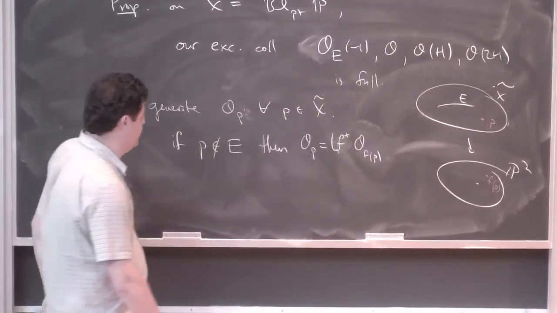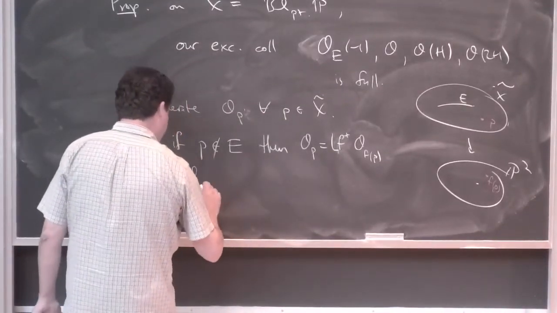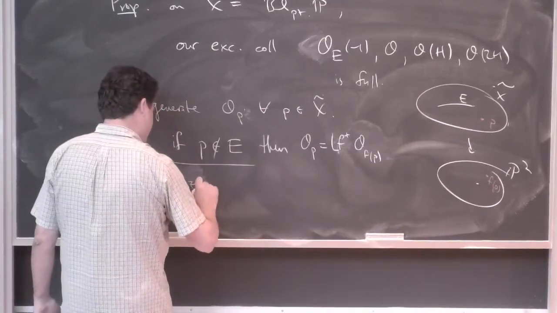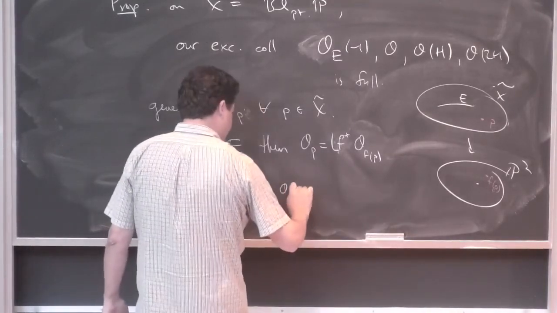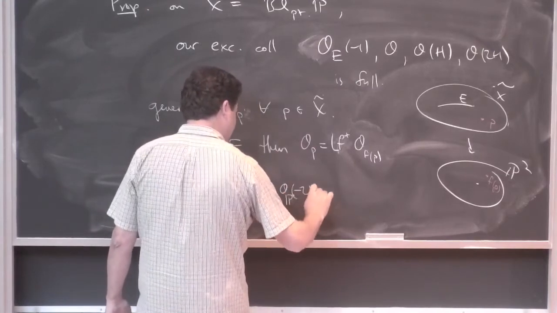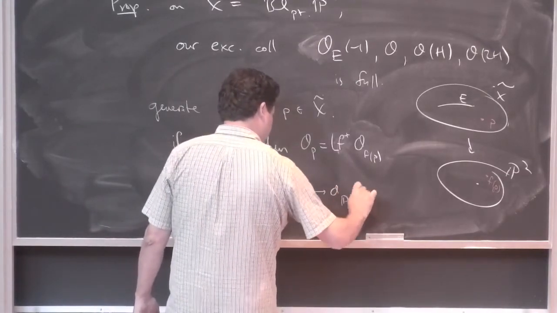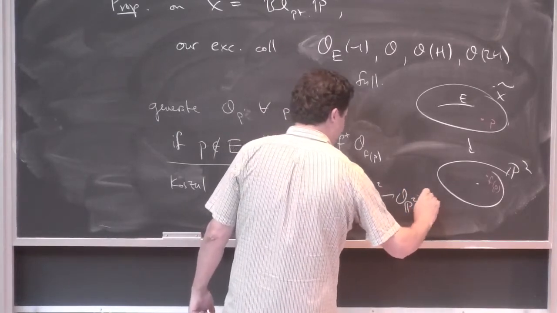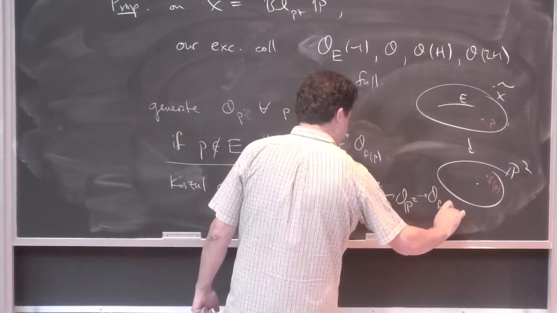And so for O_{f(p)}, we have a Koszul complex: O_{P^2}(-2) goes to O_{P^2}(-1) squared goes to O_{P^2} goes to O_{f(p)}.